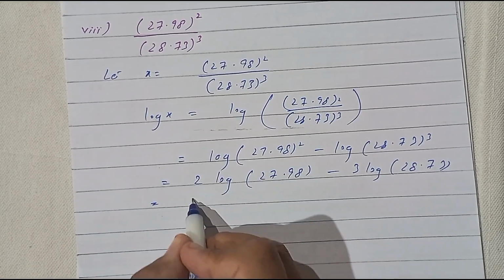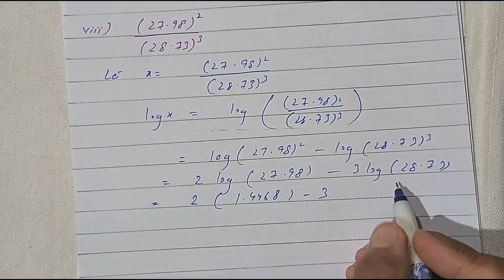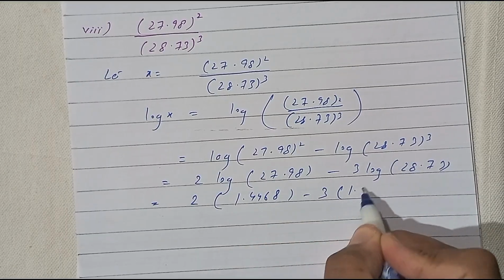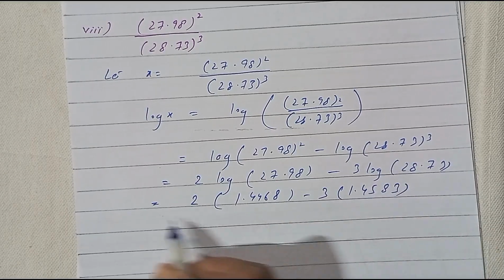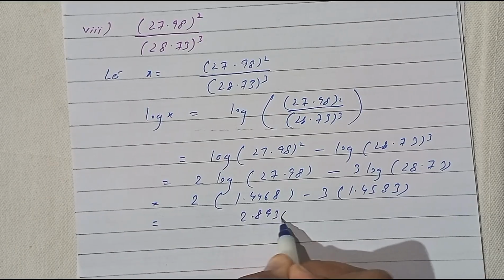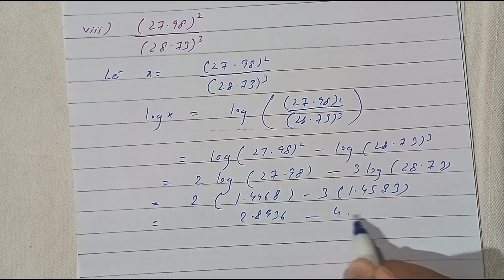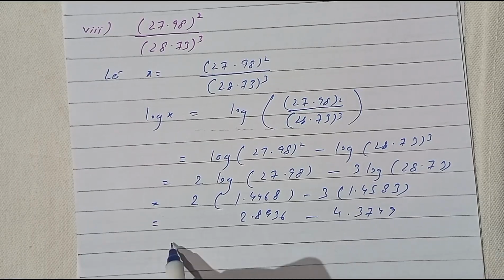The value of log of 27.98 is 1.4468 and the value of log 28.73 is 1.4583. Multiplying these two, we get the answer 2.8936, and multiplying 3 and 1.4583, we get answer 4.3749.